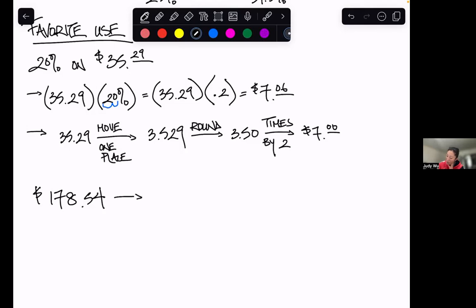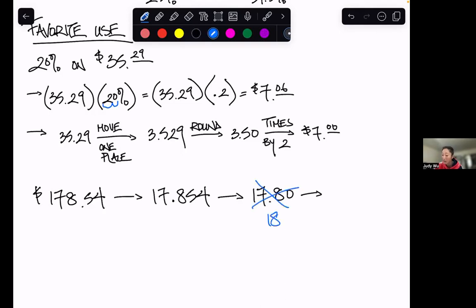If I practice this trick, I want to find a 20% tip without my calculator, I'm going to move that decimal 1 place, so 17.854. I'm going to round to 17.80. And then I'm going to times it by 2. Since these numbers are big, I may actually want to round this to just 18.